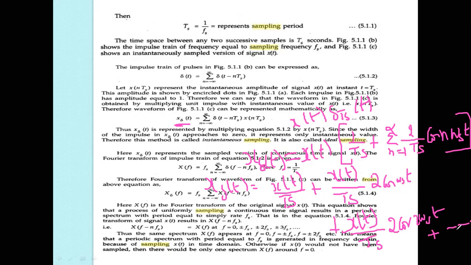So now we can apply the Fourier transformation on the left hand side. It becomes x delta of f is equal to, the Fourier transformation of x of t is X of omega.